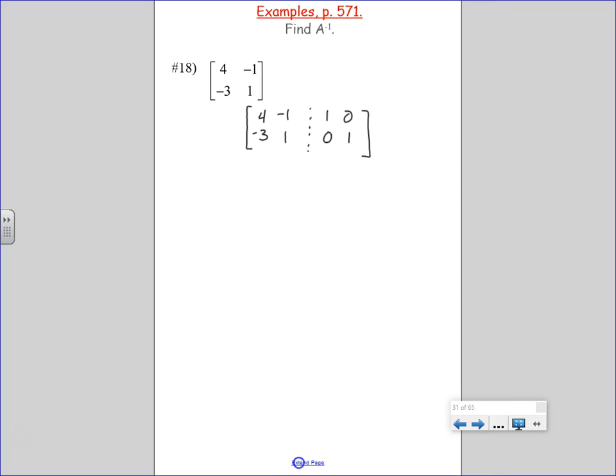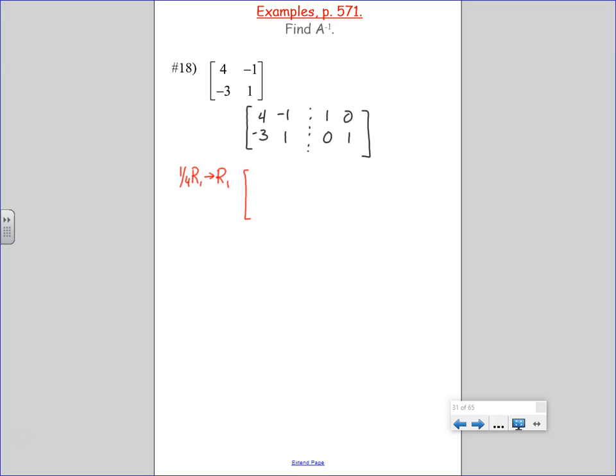What's the very first thing we do with row reducing? Work with the first column and get the 1. But there's a 4. How do we get the 1? Following our system, we would multiply row 1 by 1/4. Could you kind of do a row 1 plus row 2 thing?